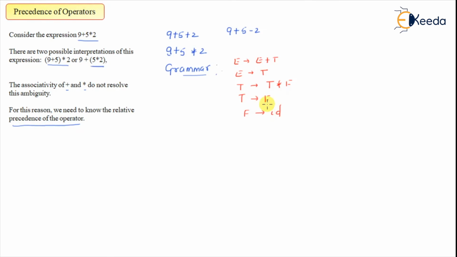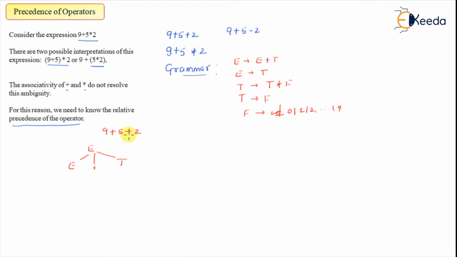Since I have taken numbers here, let's have the digits 0, 1, 2 up to 9. Let's take the same sentence, 9 plus 5 multiplied by 2, and try to draw the parse tree for this one. Now E derives E plus T, so the plus operator is introduced.